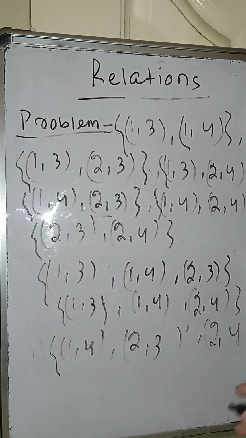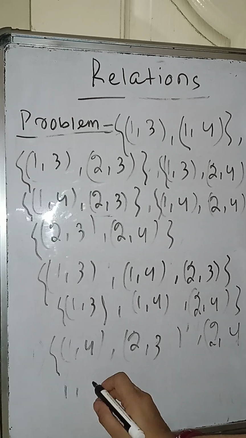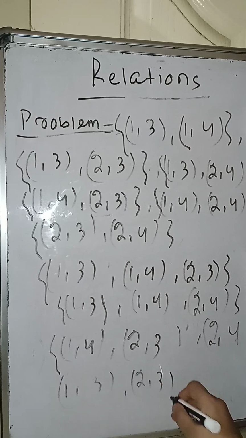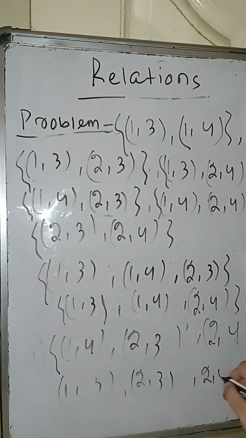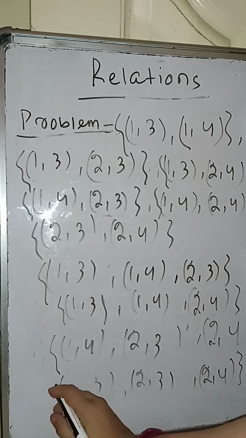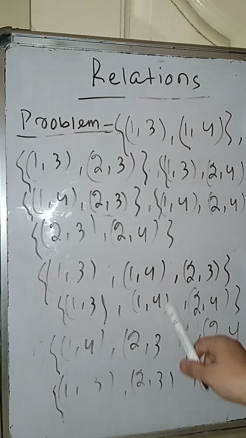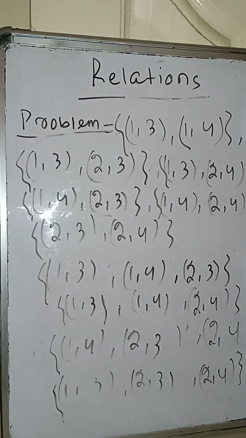Next another subset containing 3 elements is (1, 3), (2, 3), (2, 4). So we are finding the sets containing 3 ordered pairs. After that, the subset containing 4 elements is nothing but your A cross B itself. So these are all the subsets of your Cartesian product of two sets.